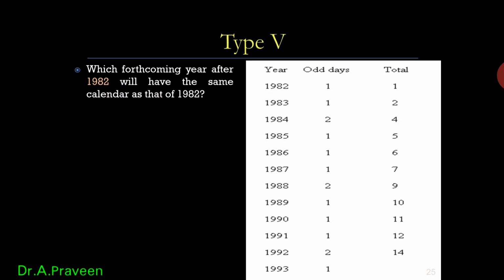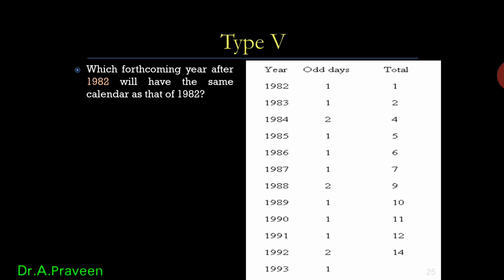Now 1988 happens to be a leap year, but the given year 1982 is not a leap year. So therefore the calendar of 1982 cannot be the same as that of 1988. So therefore we have to proceed further.